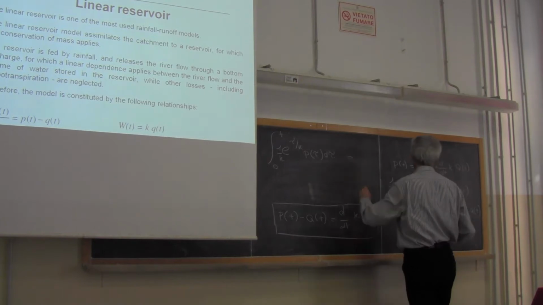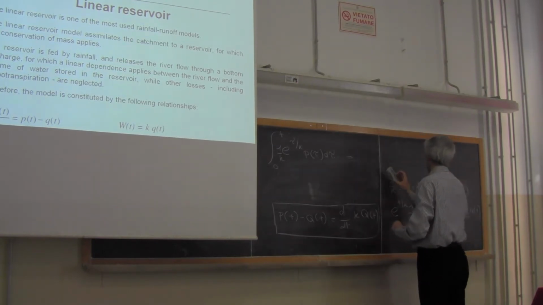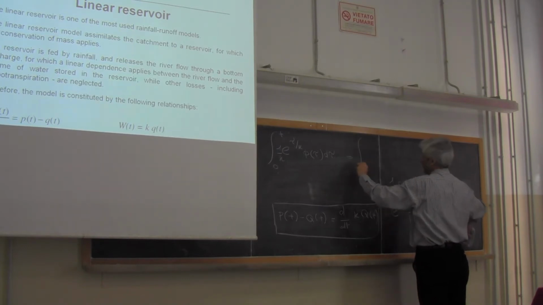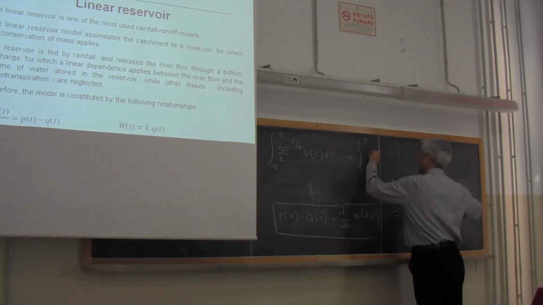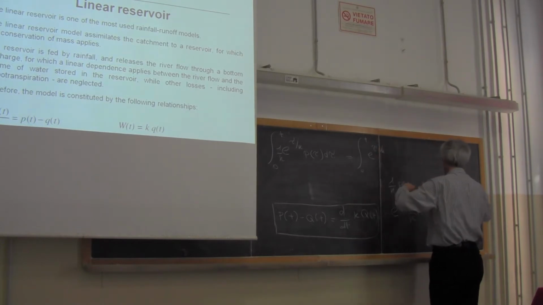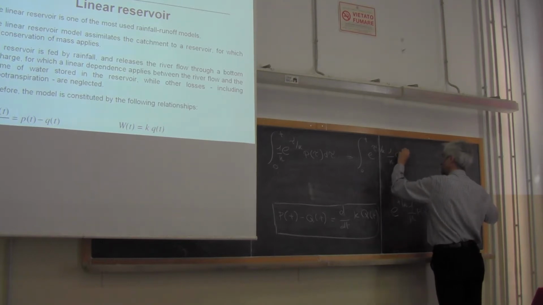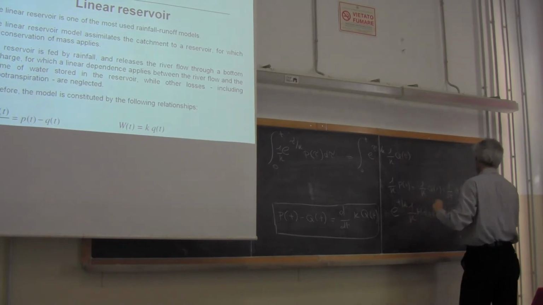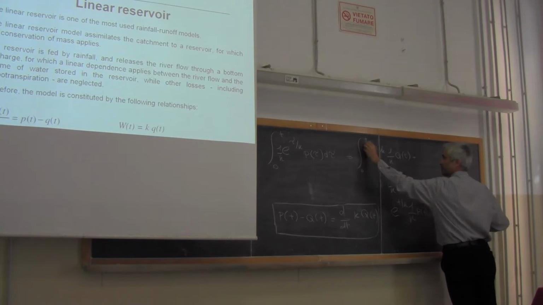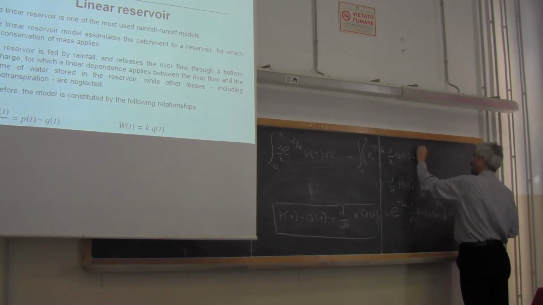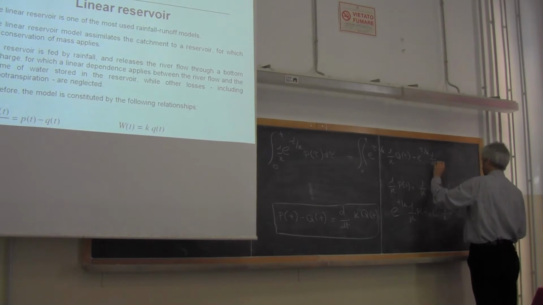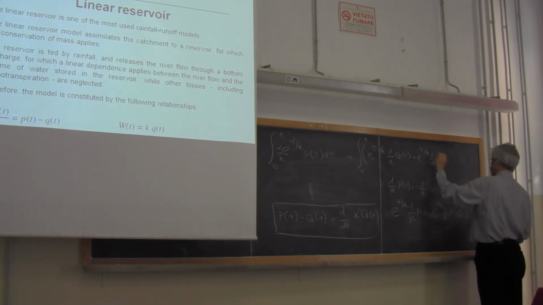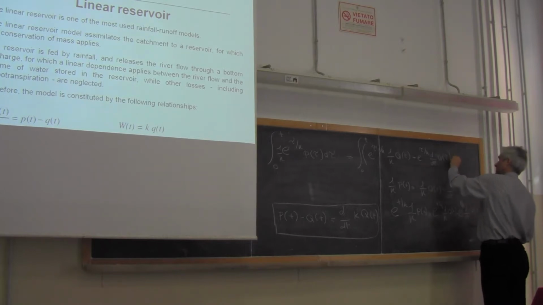And this is equivalent to the integral of the second of the right-hand side, integral 0 to t of e to the power of tau over k, 1 over k, Q tau, plus e to the power of tau over k, dQ d tau, sorry, Q tau d tau.